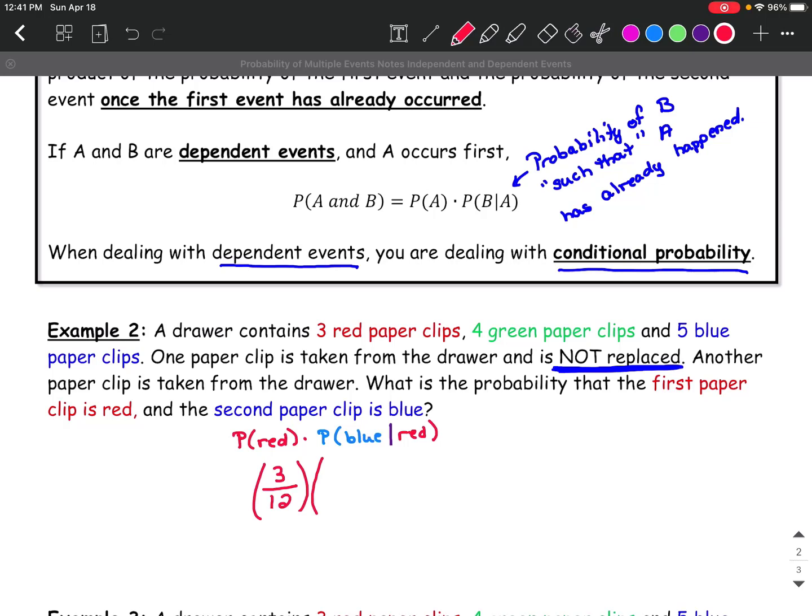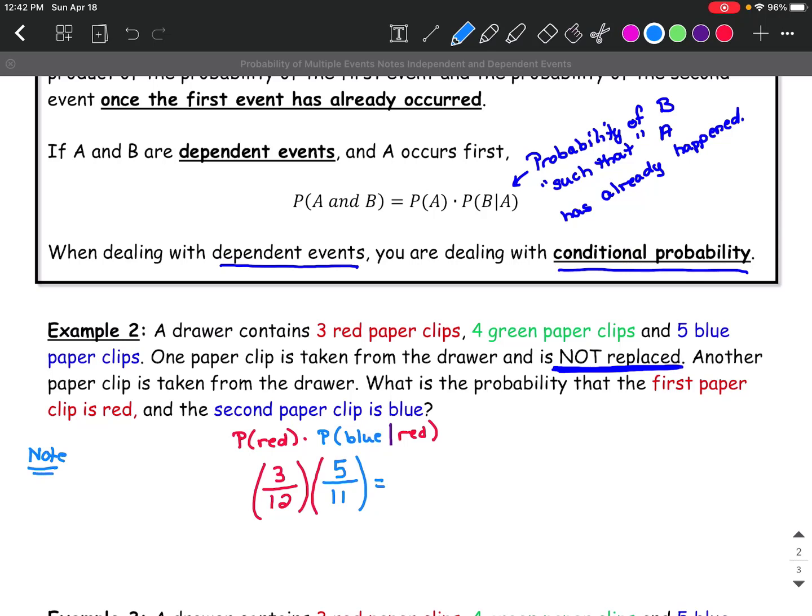Now, we're going to keep that red paper clip. So now when we go back in that drawer to get the blue paper clip, there are 5 blue paper clips out of, now be careful here, there's only 11 paper clips in the drawer. Okay, and that's the key.